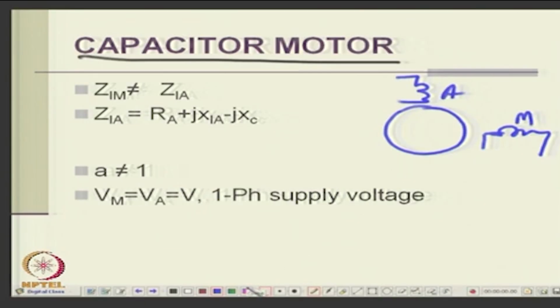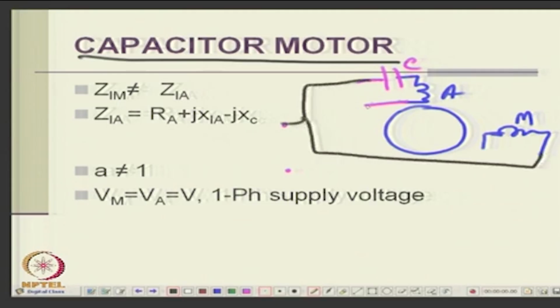So, what you have is you connect a capacitor to the auxiliary winding, rest will be same, you have the same supply, and it will go to both the windings, same voltage V, isn't it? You are applying a voltage V to both.